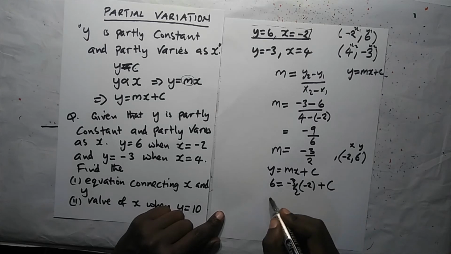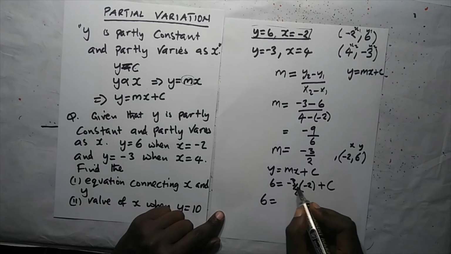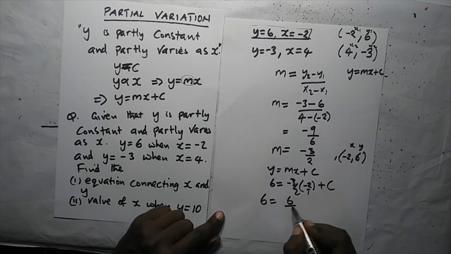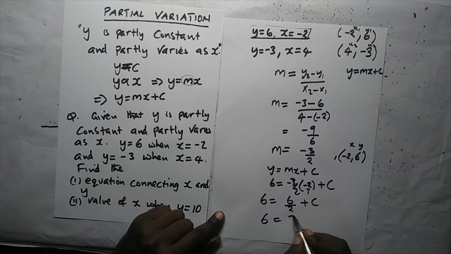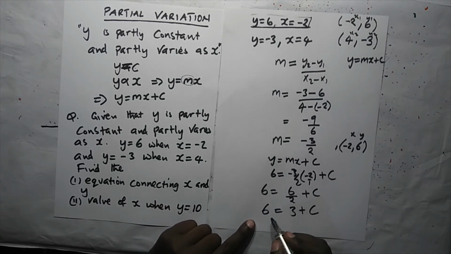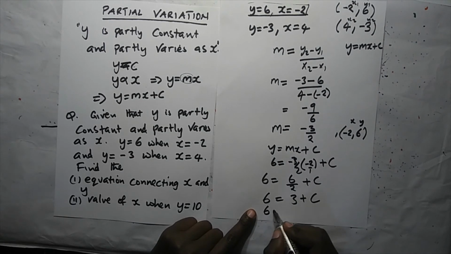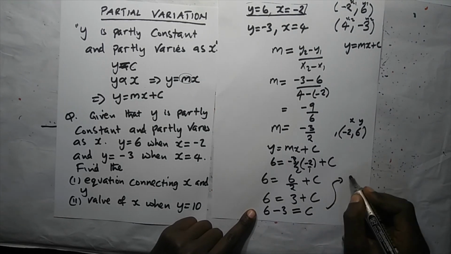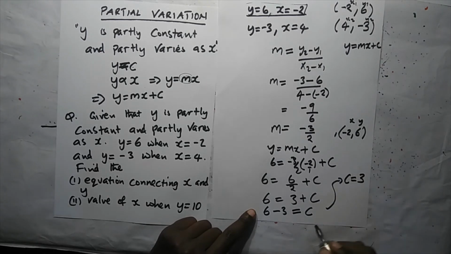And so here when we multiply, we are going to have 6 is equal to, this is over 1, negative 3 times negative 2 give us 6 over 2 plus c, and this will give us 6 is equal to 3 plus c. And so here, when we collect the like terms, we are going to have 6 minus 3 is equal to c. And so here, this gives us c is equal to 3.